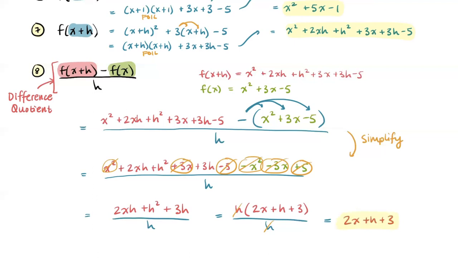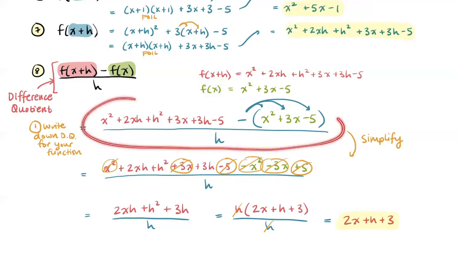Just to summarize here, this is a tough thing for a lot of people. So to give you some general steps: the first thing you want to do when you're finding a difference quotient is to write it down for your function. In other words, find f of x plus h, find f of x, that's easy, and then make the first step by forming it in this fraction.